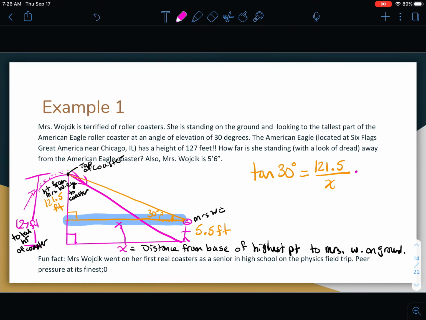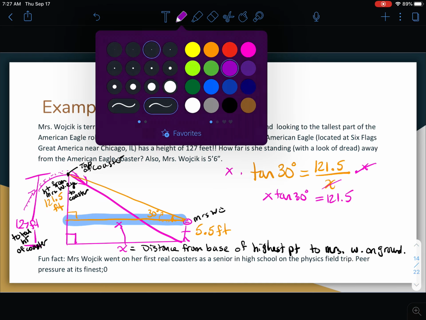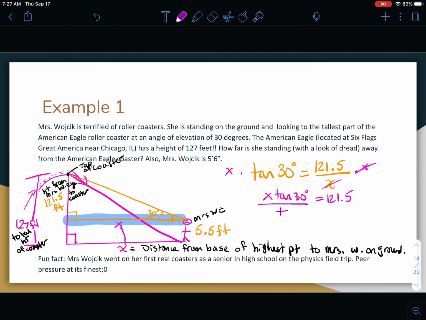I'm going to go ahead and show what I'm doing here. I'm going to multiply both sides by x to get x tangent 30 degrees equals, these obviously will cancel, 121.5, and then I'm going to divide both sides. I'm just going to change color so you can see the difference here. Dividing by this number, which is tangent of 30 degrees.